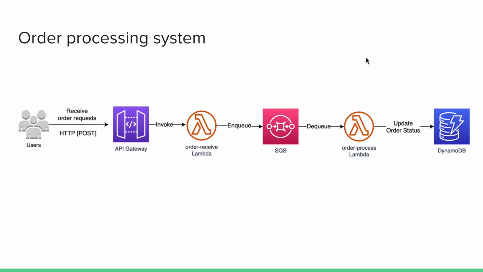Now this is the application that we are going to add observability into. And first we will go over the code, and then we will see how we can add observability into our application and then fix any problems related to this architecture.